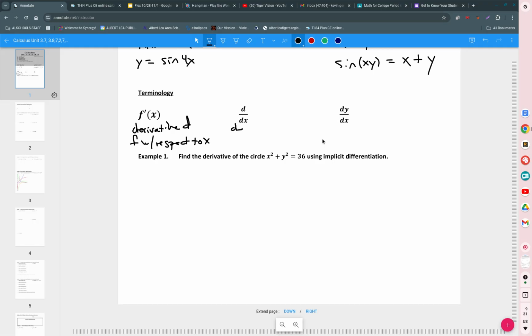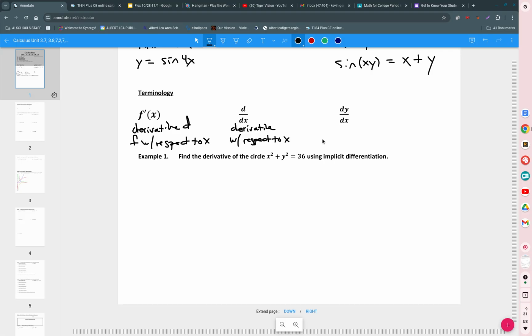This means derivative as well with respect to x. But note that it does not name the variable that you're taking the derivative of.